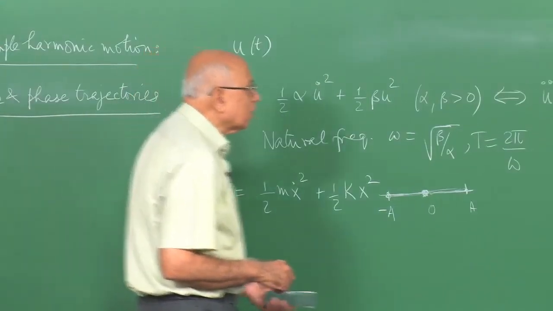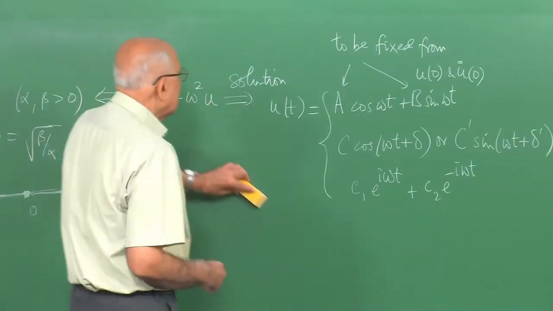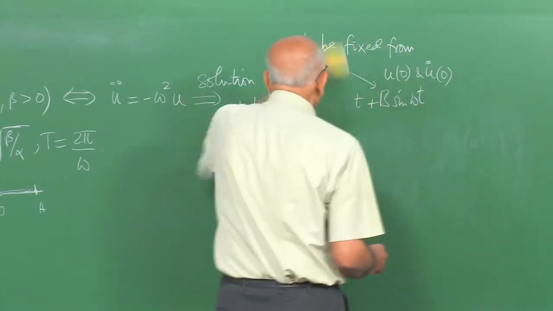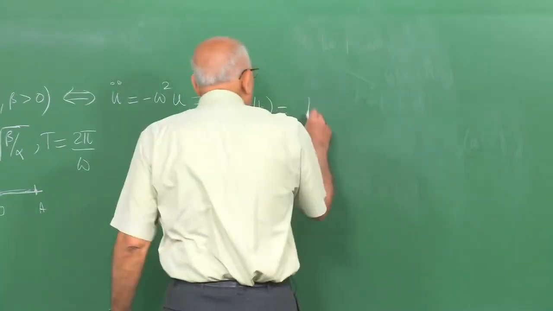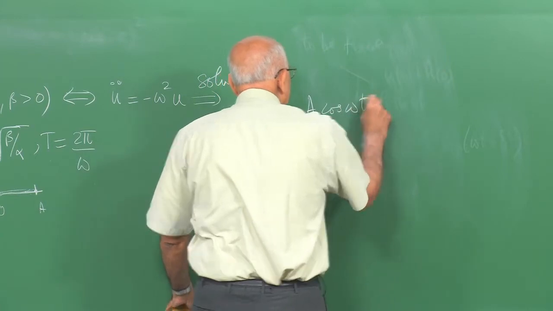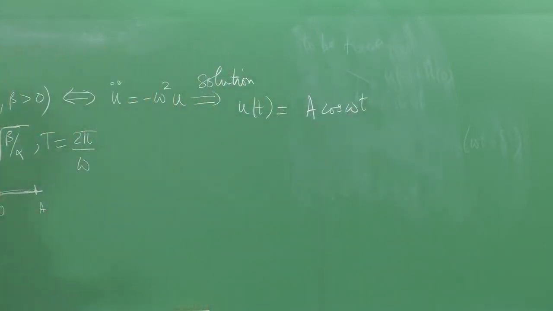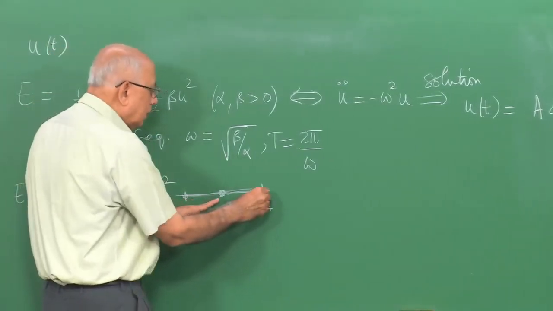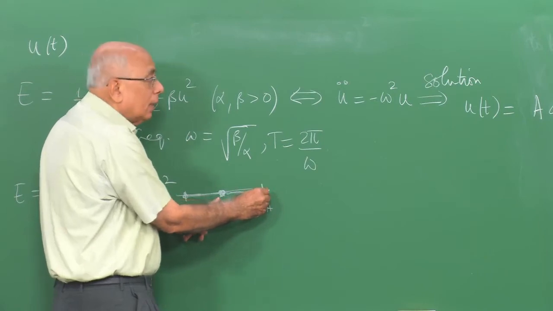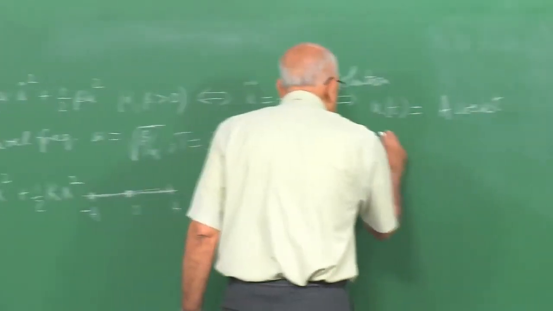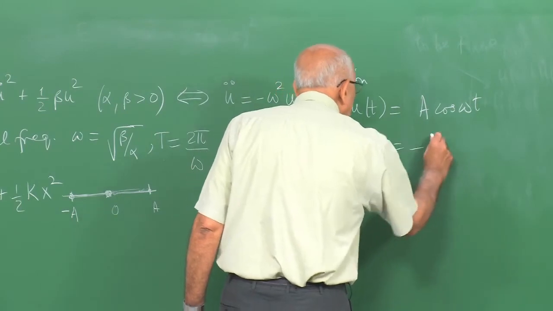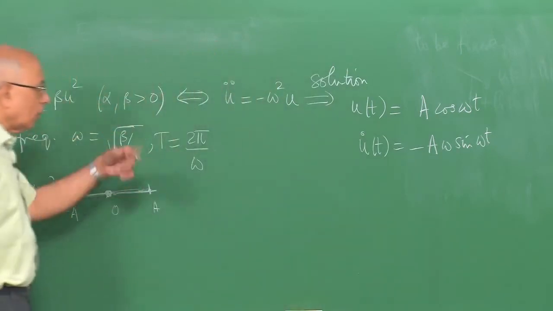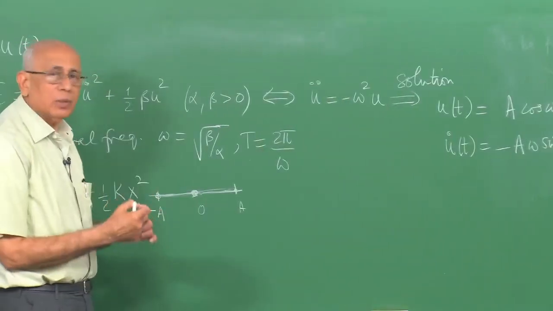The way it is done is as follows. Suppose you solve this equation and you discover, just to be specific, that the solution is A cos omega t. This means that at time 0, u of 0 is A, so we started at this point. Then u dot of t equals minus A omega sine omega t, which means at t equal to 0 you are starting from rest because u dot is 0.